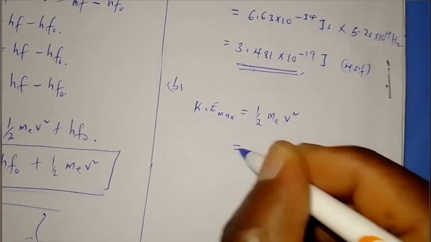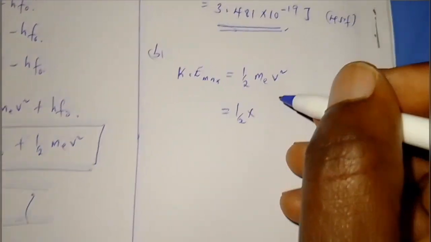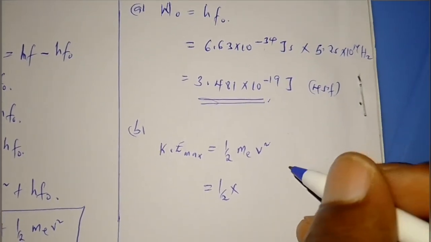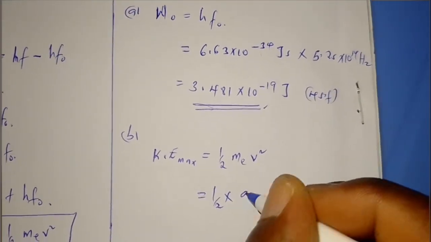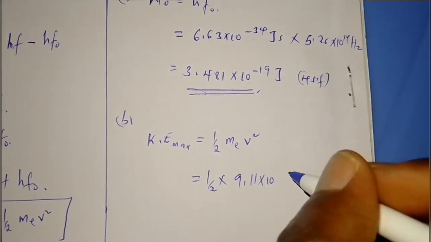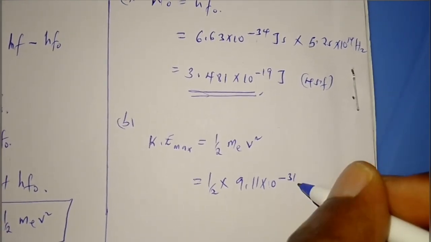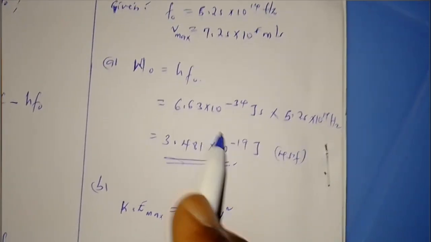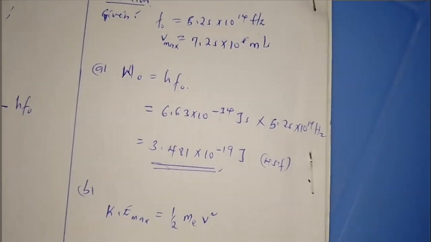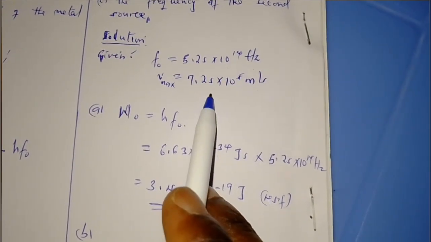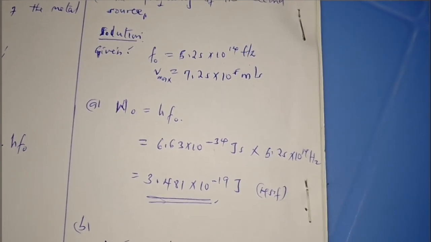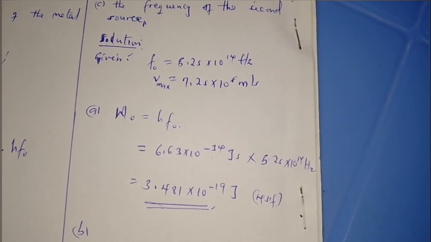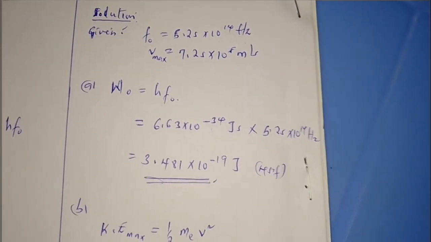Now we have a half times Me, the mass of electron, which is given by 9.11 times 10 raised power negative 31 kilogram, times velocity squared, V maximum, 7.25, given in the question, times 10 raised power 5 meters per second, but squared.